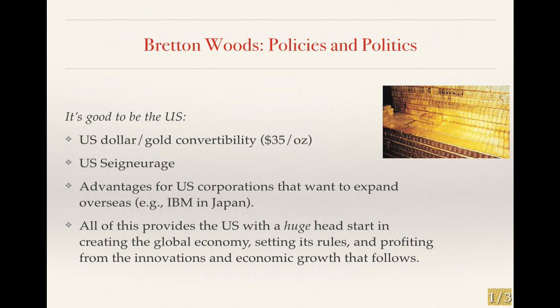Other transnational corporations based in other countries don't quite have such easy access to US dollars. They have some access, but it's complicated and it takes longer to access them. What this means is that the US in the 1950s and the 1960s is going to have a huge head start, setting rules and basically creating and crafting a global economy in its own image.